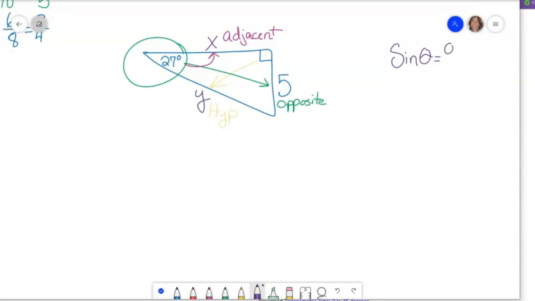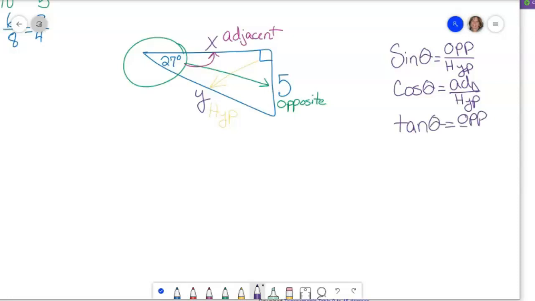All right, so again, sine is opposite over hypotenuse. Cosine, adjacent over hypotenuse. And tangent, opposite over adjacent. All right, so those are our 3 functions, right? So far good? So thinking about our problem, we're given an angle measurement.